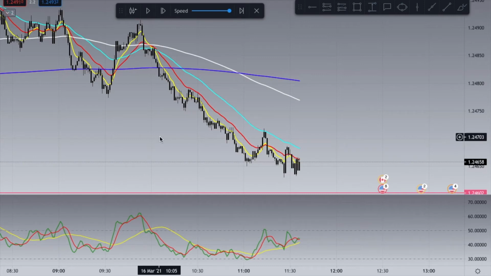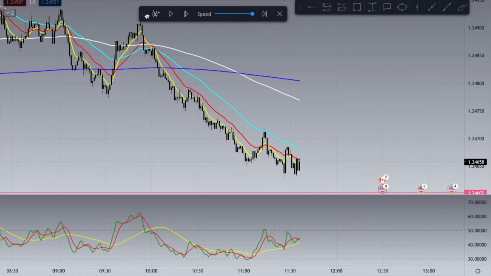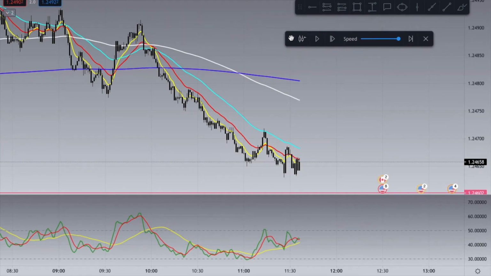This was a setup that I found using my old strategy, using more divergence rather than the strategy that we're developing at the moment. But I was analyzing the market, and I saw a setup, and I entered it.